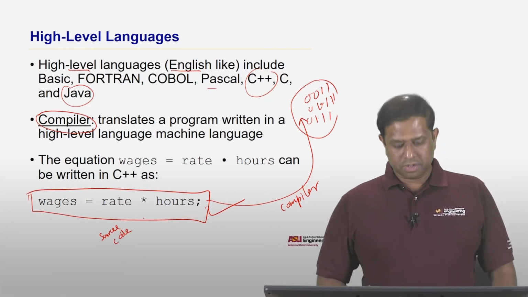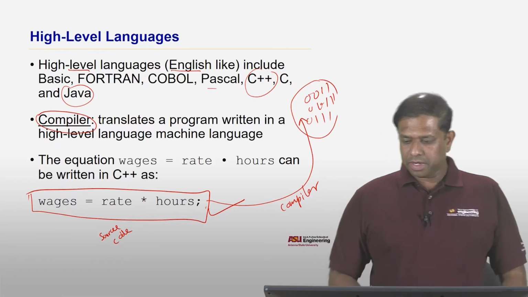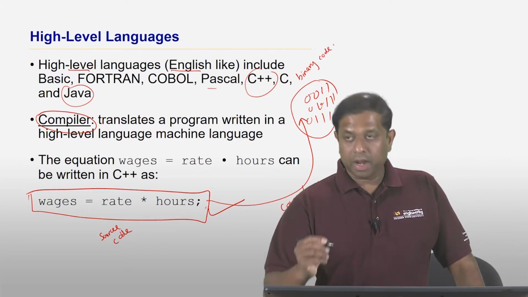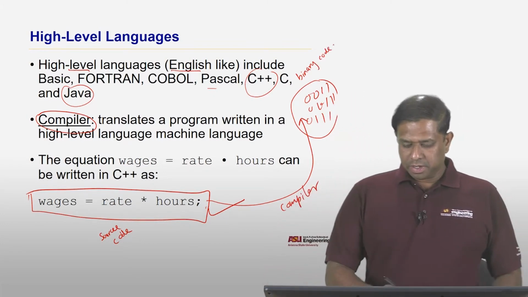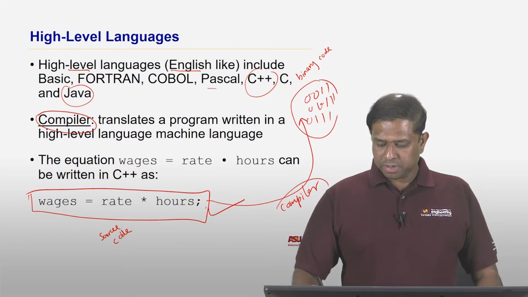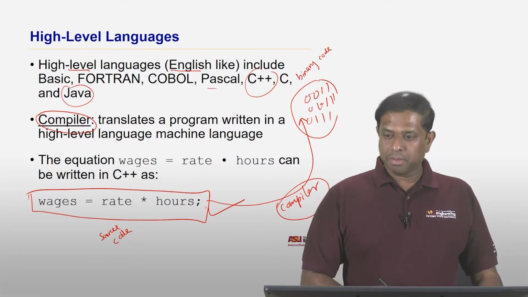The source code is in a high level language like this. Now this source code needs to be converted into what is called the binary code. To do this process, we will require some sort of software that takes our source code and converts it into the binary code.